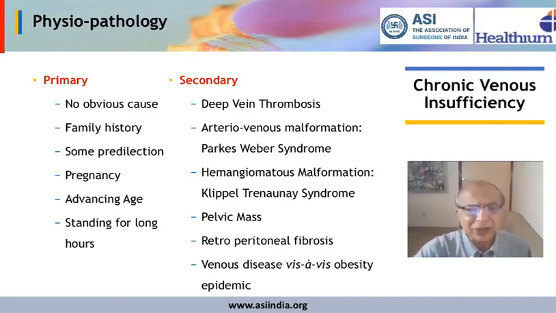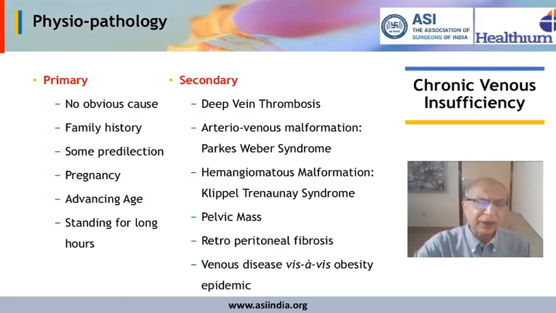So it is more likely to be seen in those people who have some predisposition to this condition. Their valves are probably not that robust, made in God's factory, and while they are pregnant, of advanced age, obese, or standing for long hours, they develop this condition.